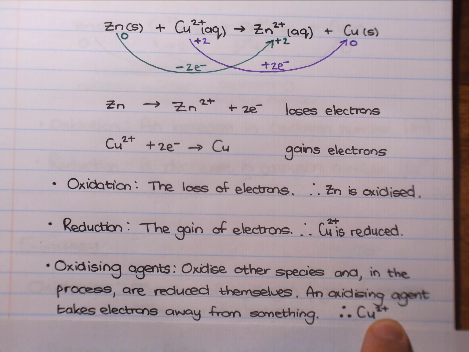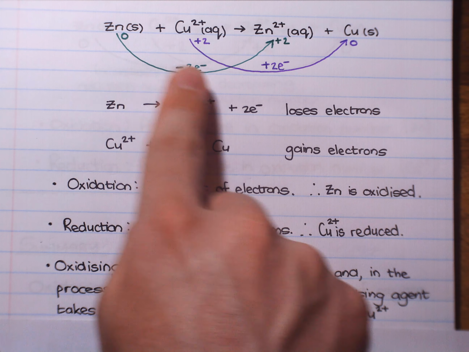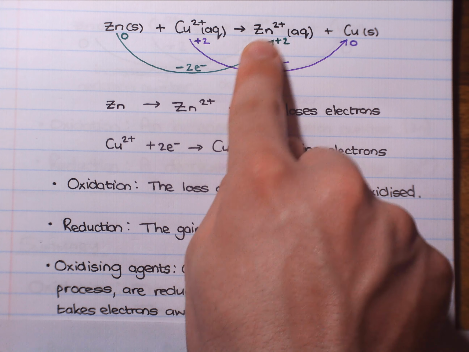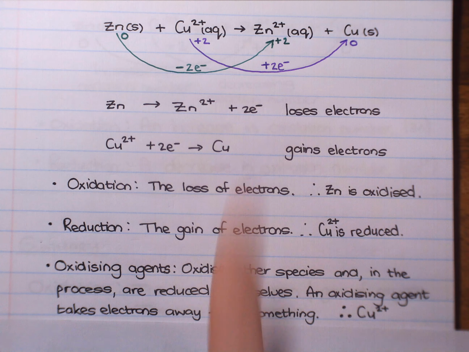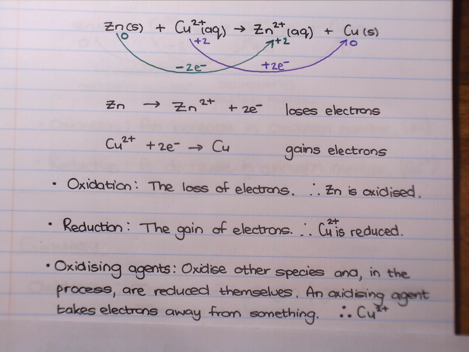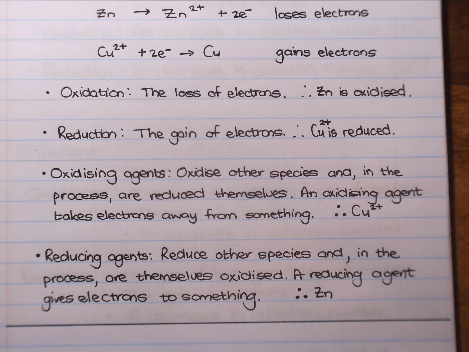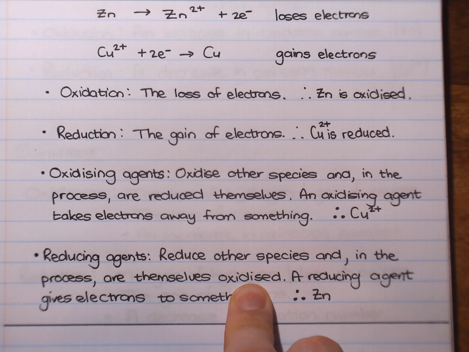Similarly, our zinc, which gives away its electrons to the copper ion, is an agent for reduction. It makes reduction possible. And therefore, we now meet the definition of a reducing agent as species that reduce other species and in the process are themselves oxidized.